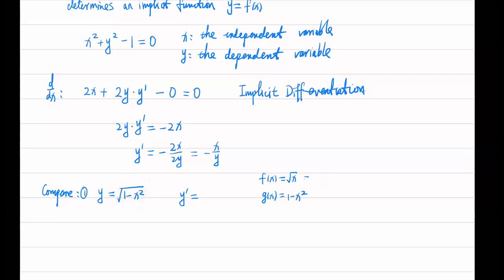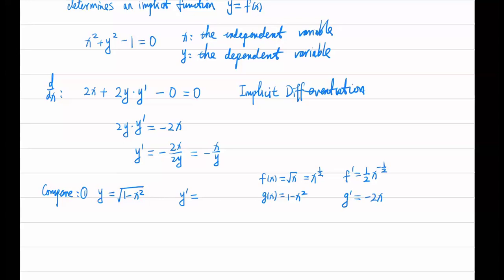It is 1/2 x to the power of -1/2. What's the derivative of g? That would be negative 2x. Yes, that's it.